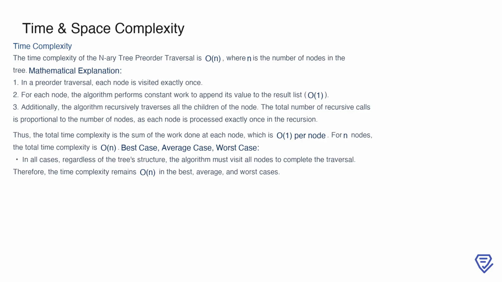Additionally, the algorithm recursively processes all the children of the node, ensuring that each node is handled exactly once across the entire recursion. As a result, the total work done is proportional to the number of nodes, giving us a time complexity of O(n). This remains consistent across all cases, best, average, and worst, because no matter how the tree is structured, every node must be visited to complete the traversal.